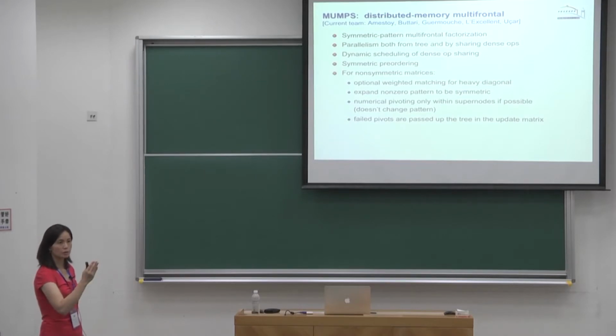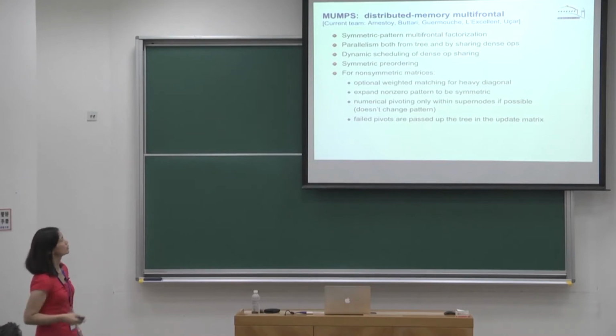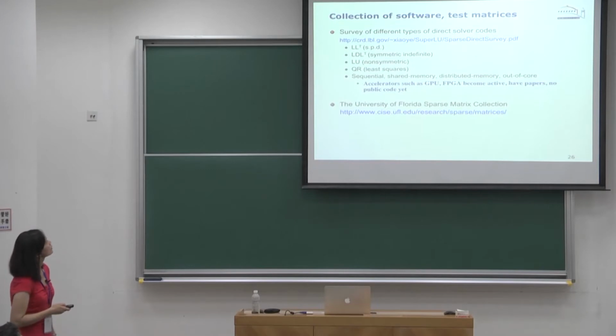The values could be still different, upper or lower, but the pattern has to be the same. Then suppose you have failed the pivots at any step, they will pass along the tree to the ancestors. So that's the general idea of this algorithm.